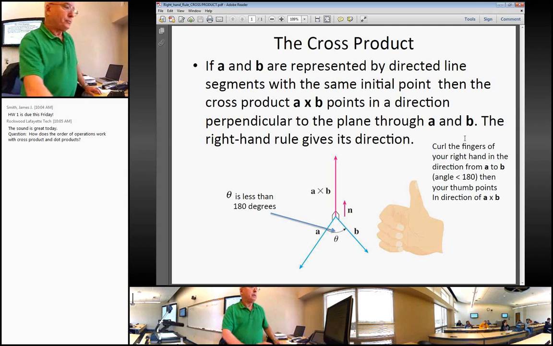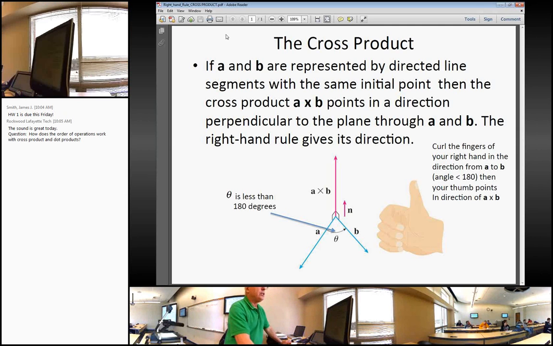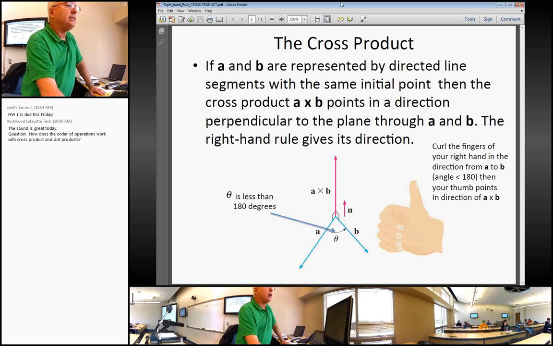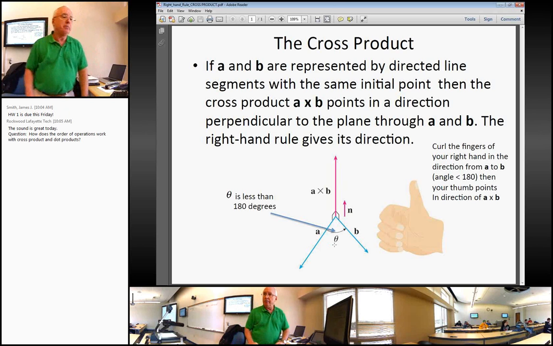Okay. So basically, if we have the vectors A and B right here, those are the blue lines there, and we're doing a cross product. A is first, B is second, and we have the angle between them going from A to B. That's the angle theta, all right?